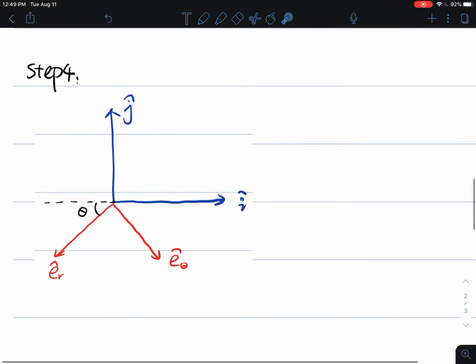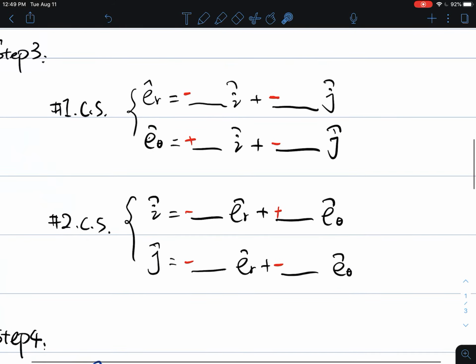And first, let's draw 2 right triangles for the first coordinate system. If you go back and look at the first coordinate system here, both ER and E theta are on the left hand side of the equation.